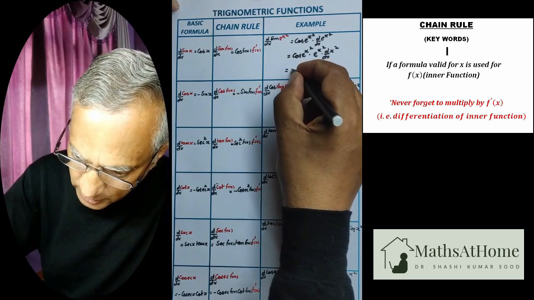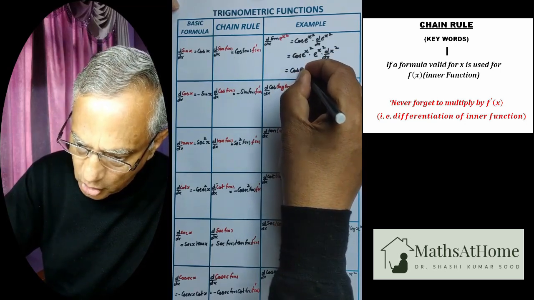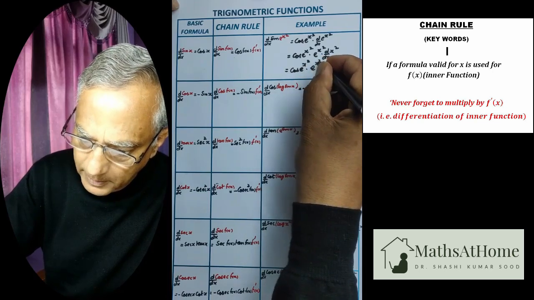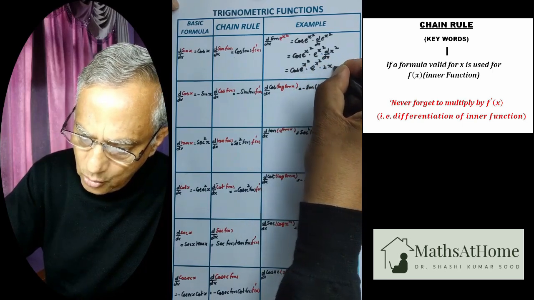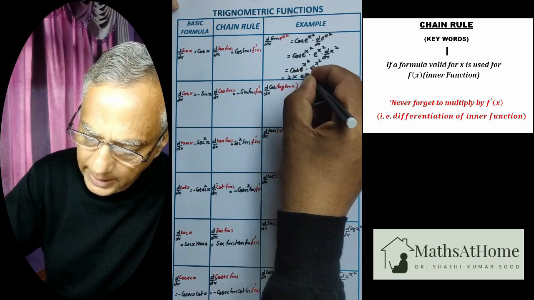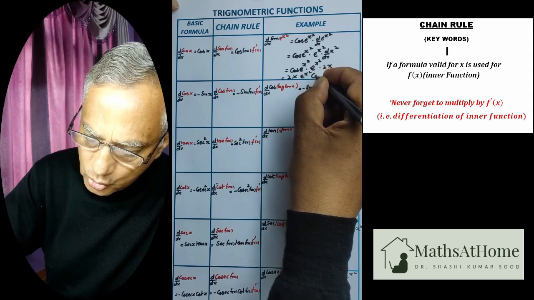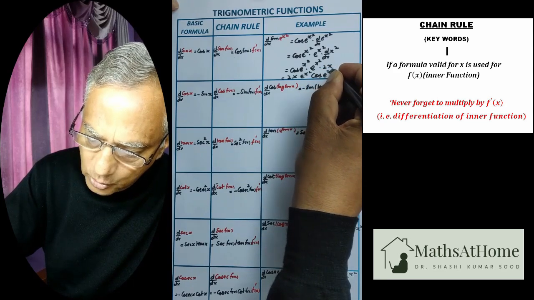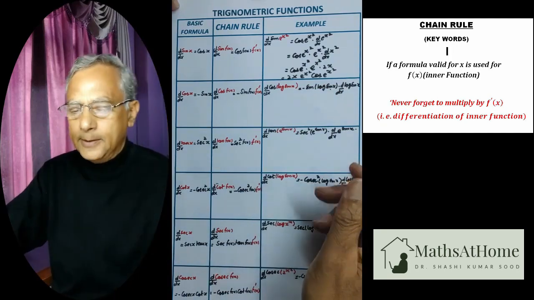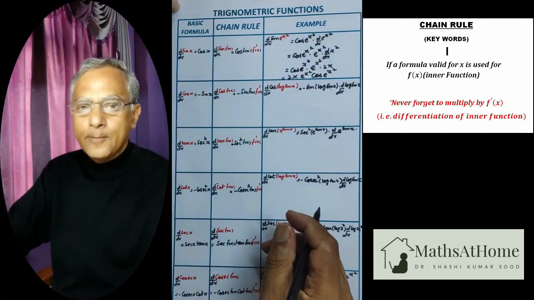So this is equal to cos e to the power of x square into e to the power of x square into 2x. This can be written as 2x e to the power of x square cos e to the power of x square. So this is the answer.